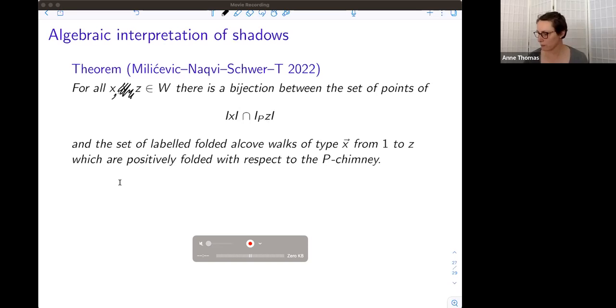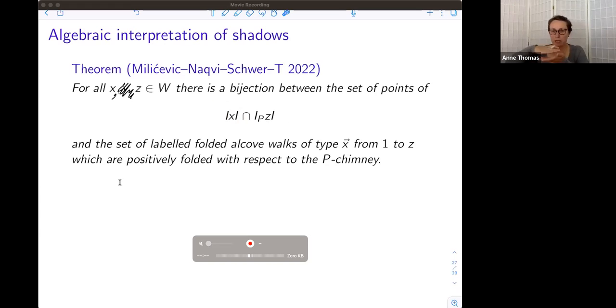Okay, so here, this is the Bruhat decomposition with an Iwahori at the front, and this is with an IP. And there's a bijection between the set of points of this double coset intersection and a set of labeled folded alcove walks. A labeled folded alcove walk is a gallery with some decorations which tell you how it's traveling through the building.